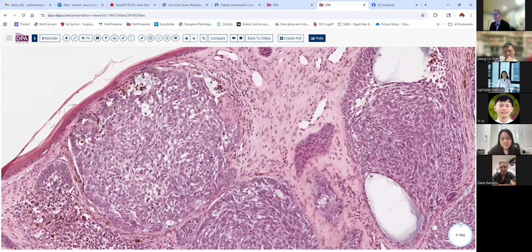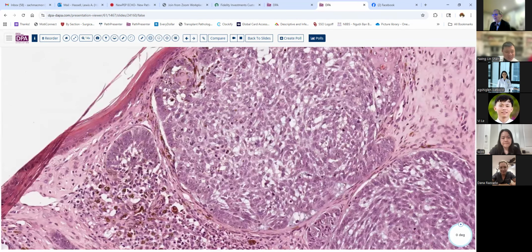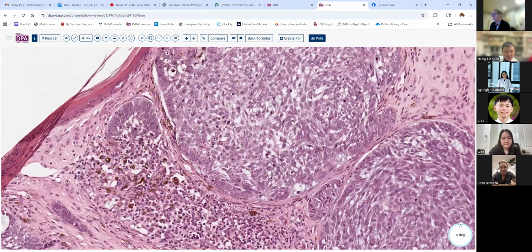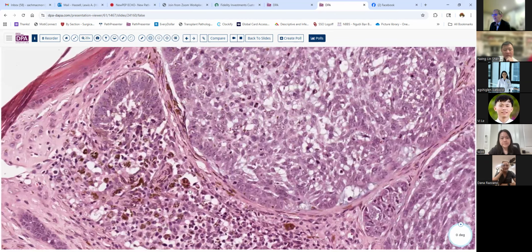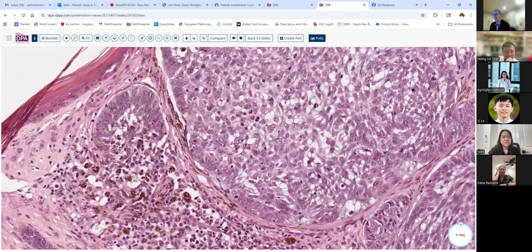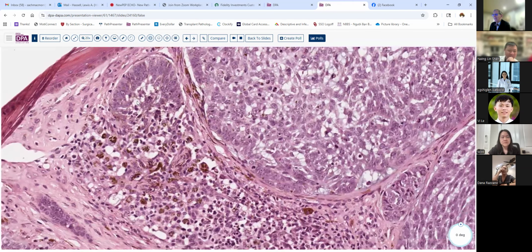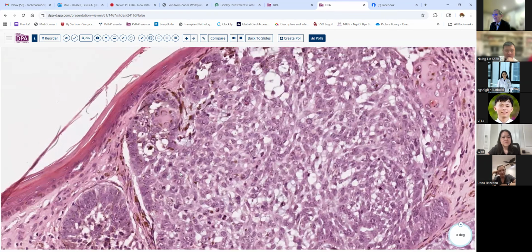Yang, do you see anything there? They are a little bit disorganized, but I cannot tell what it is. And yeah, more like hyperkeratosis.